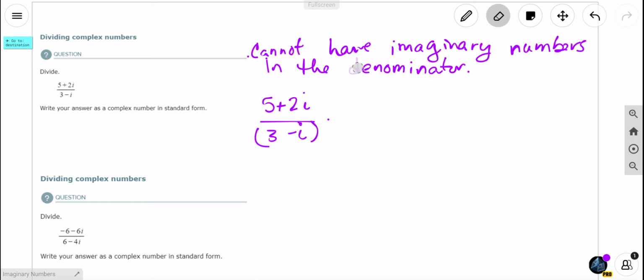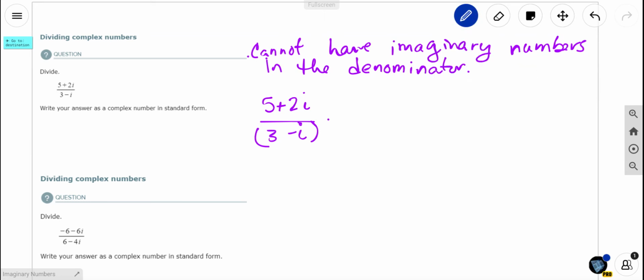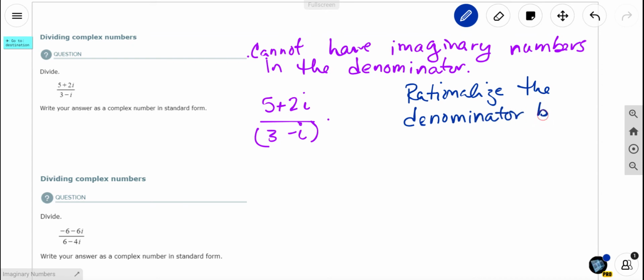And this is called multiplying by the conjugate. Again, we're rationalizing the denominator, okay? Rationalize the denominator by multiplying by the conjugate.